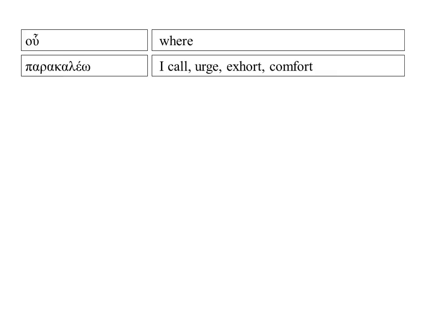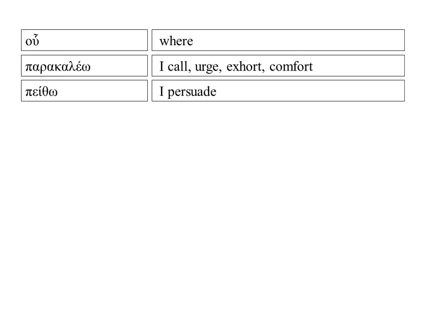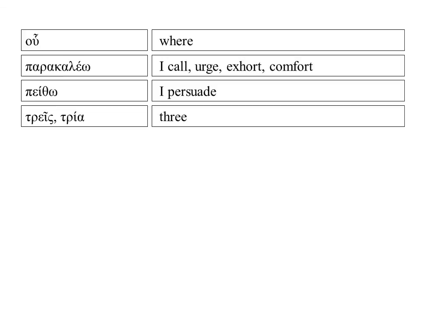Epsilon contract, I call, urge, exhort, comfort. This is the word paraclete comes from. Patho. I persuade. Tres, tria, tres, tria, 3.